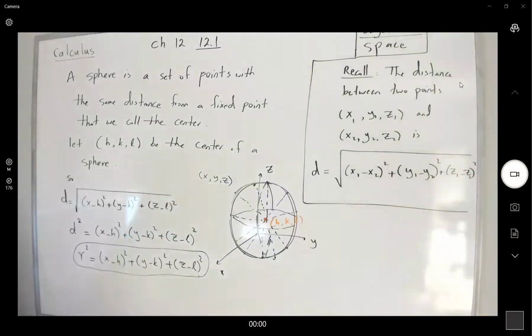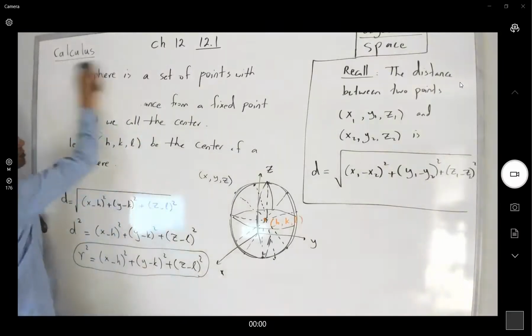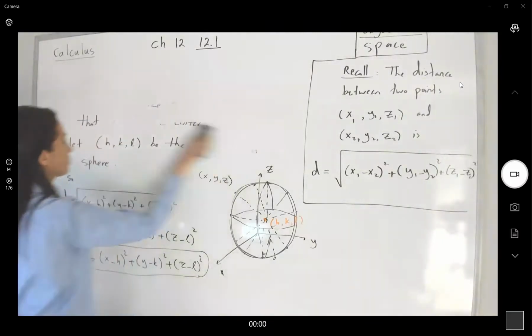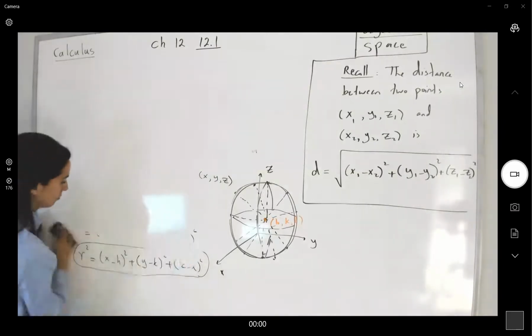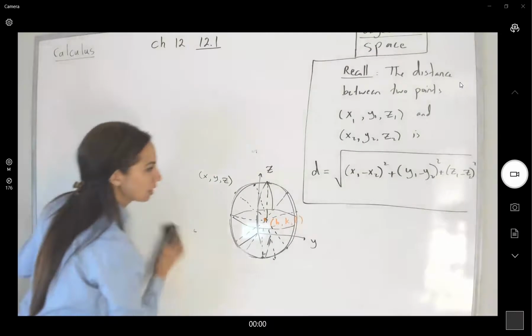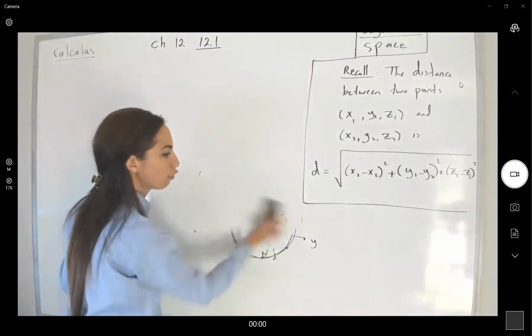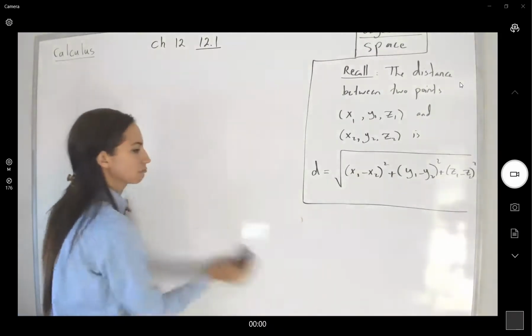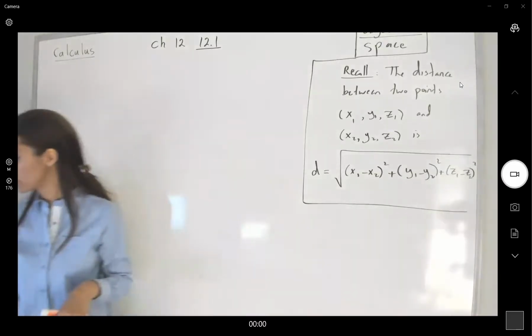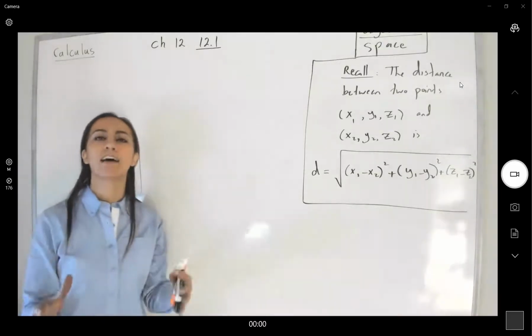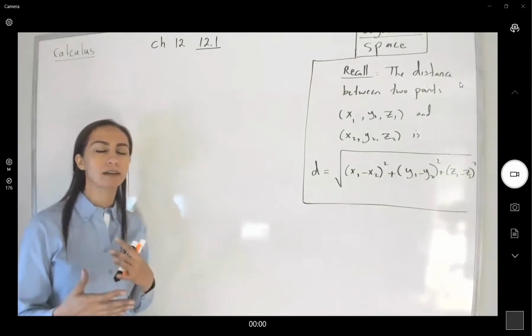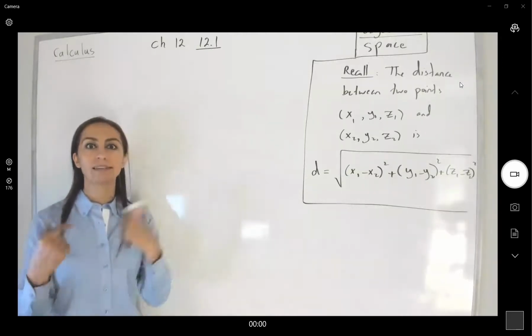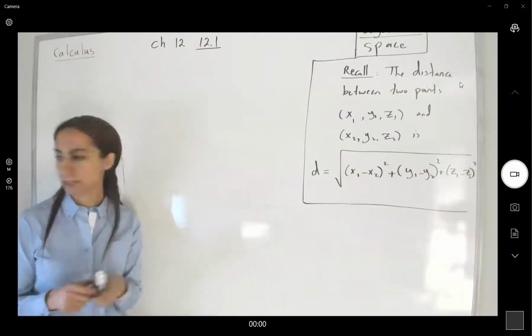There you go. Now that we have the formula for a sphere, we might be given the formula for the sphere, but not written in a nicer form, and they ask about the center and radius.